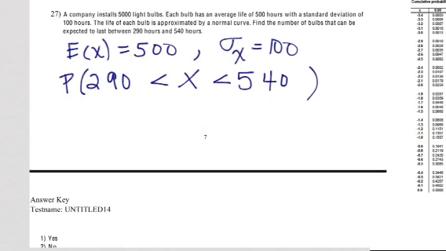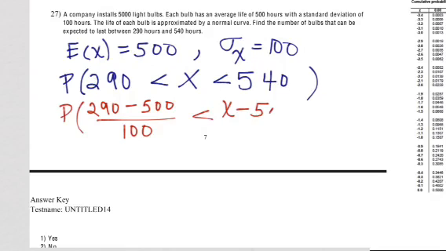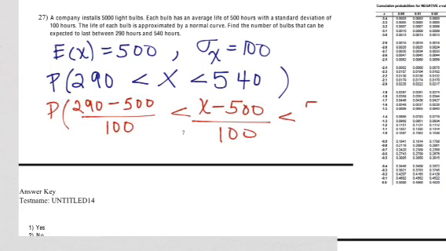It's got three sides. We will subtract 500 from all three sides and divide by the standard deviation on all three sides. So we will do the probability of 290 minus 500 divided by 100 is less than X minus 500, and it doesn't matter if you use the equal bar or not, because it will not change these probabilities, is less than 540 minus 500 over 100.